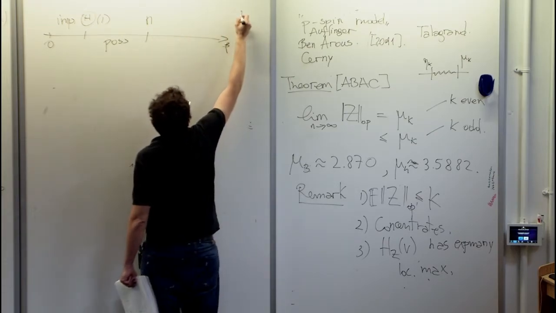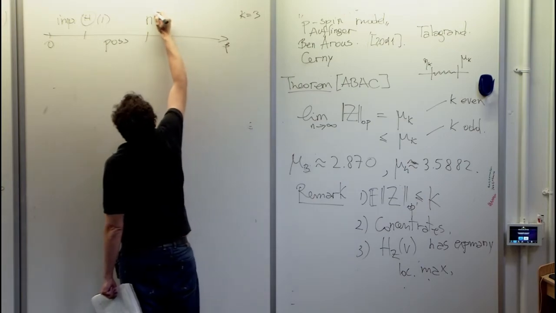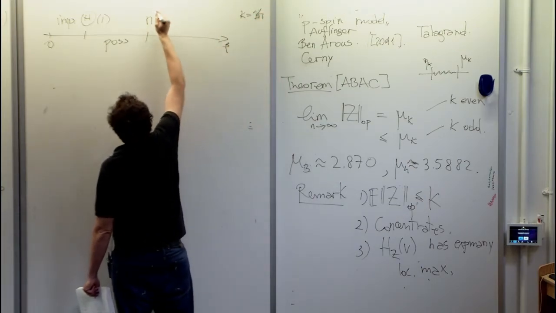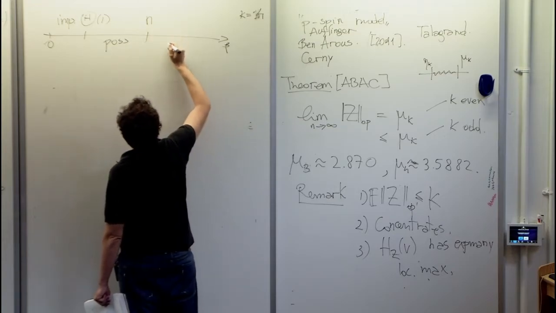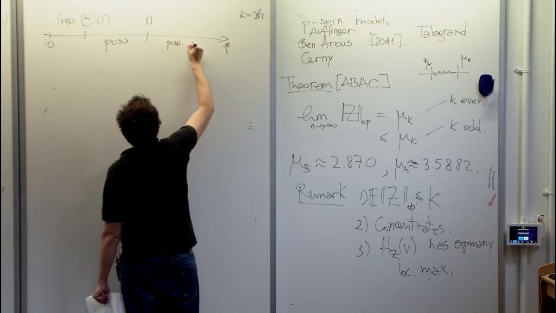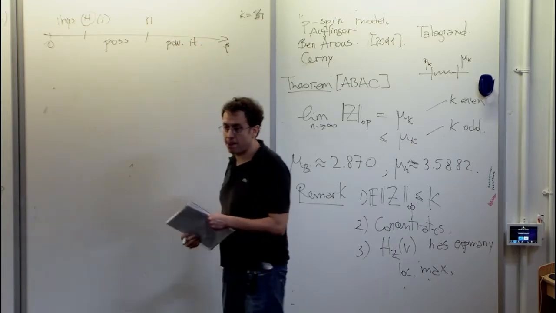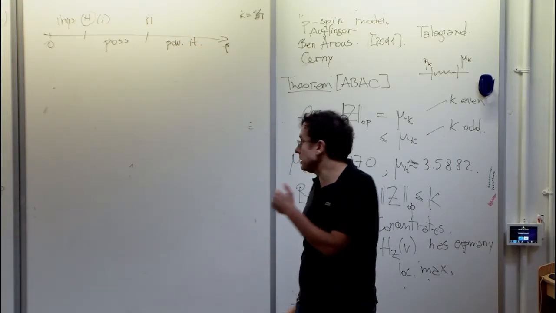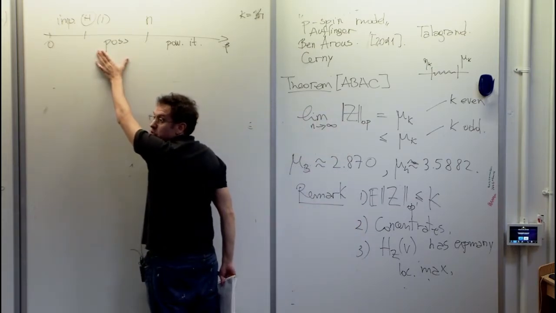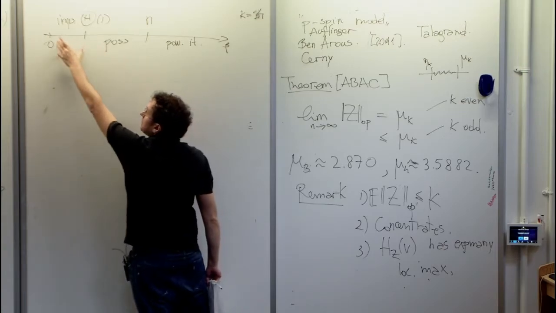So for k equal 3, for instance, here there is, for k equal 4, this is 1, and this is just power iteration. So here we can do it very easily in a constant number of iterations. Here we can do it, but we don't know yet how. And here it's just impossible.